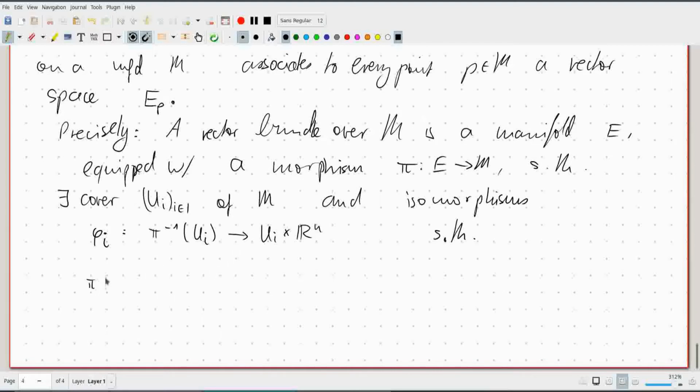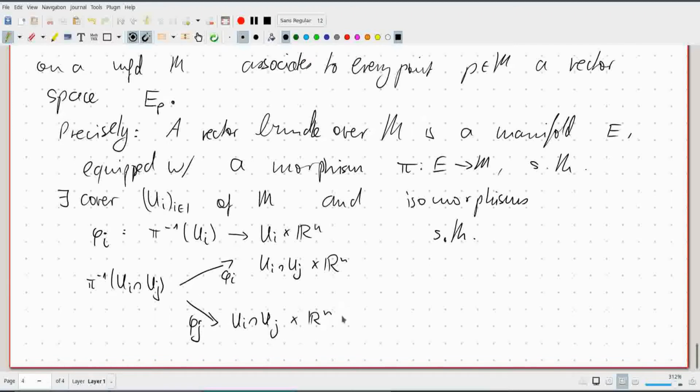So on intersections, we can map pi inverse of U_i intersected with U_j. We can use phi_i to map that to U_i intersected with U_j cross R^n, and we can use phi_j to map it to that.